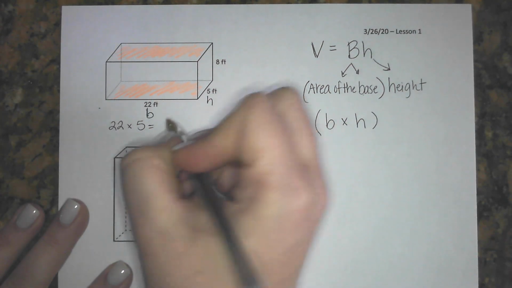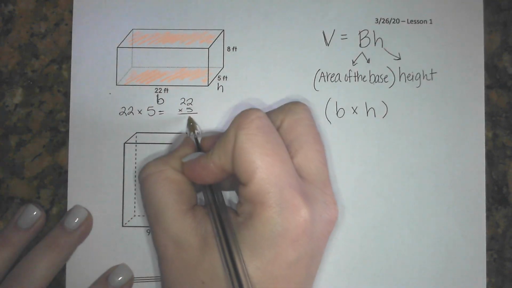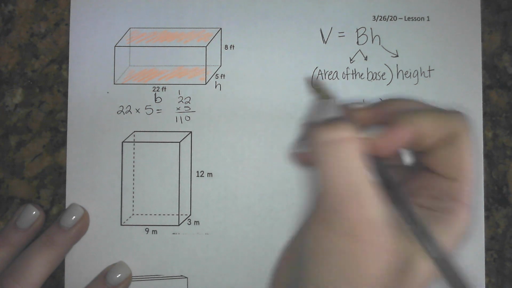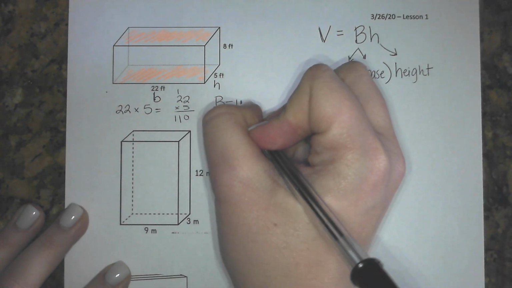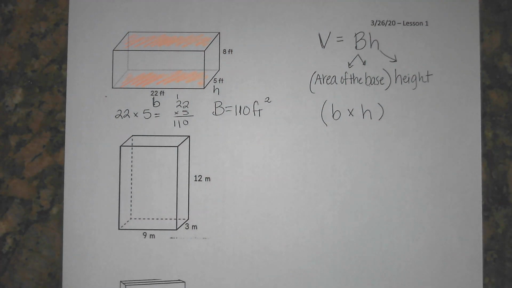We can do that over here on the side. 22 times 5. Well, you know that's 10. Carry the 1. 10 plus 1 is 11. So my area of the base is 110 feet squared. So we figured out what big B is, but we're not exactly done just yet.